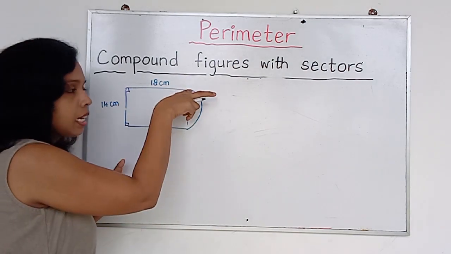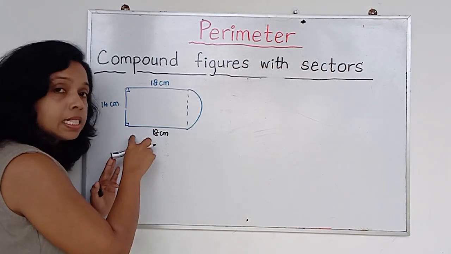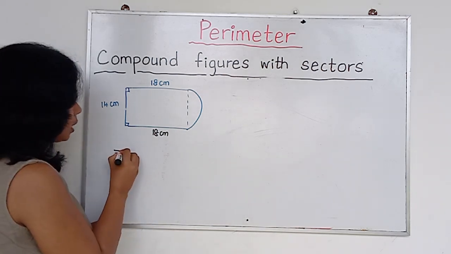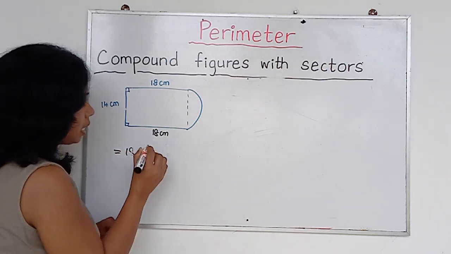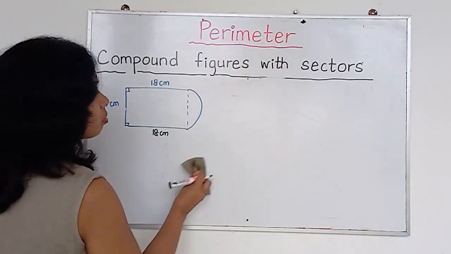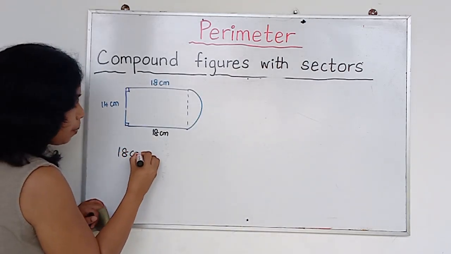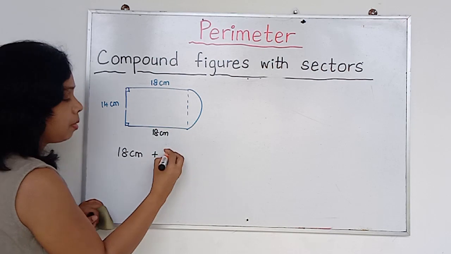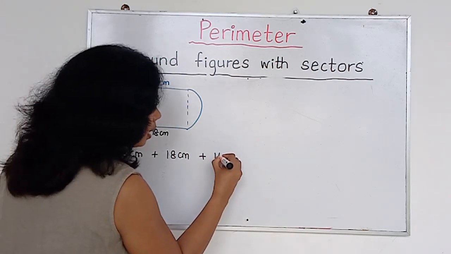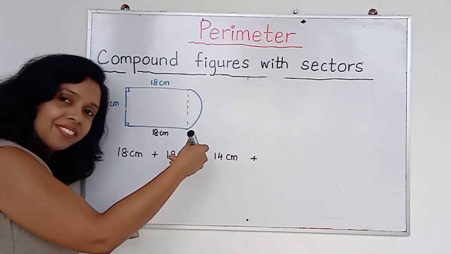This 18 centimeters, and this circular part, then again 18 centimeters and another 14 centimeters. So first I write this 18 centimeters, then this 18 centimeters again and this 14 centimeters. Then I want to get this curvy length.